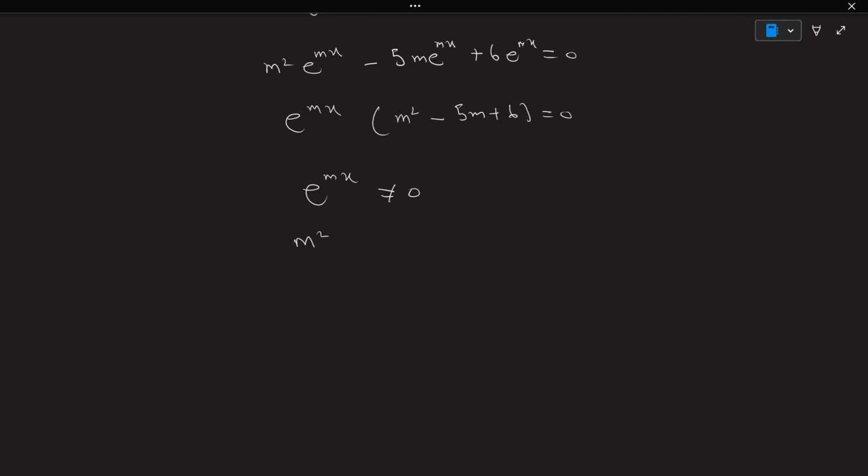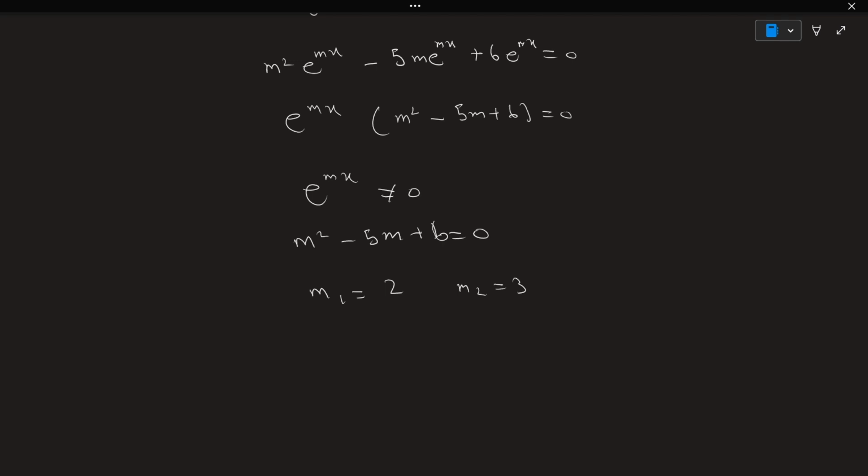So m square minus 5m plus 6 will become 0. Now we will solve this quadratic equation, and our solutions are m1 is equal to 2 and m2 is equal to 3.